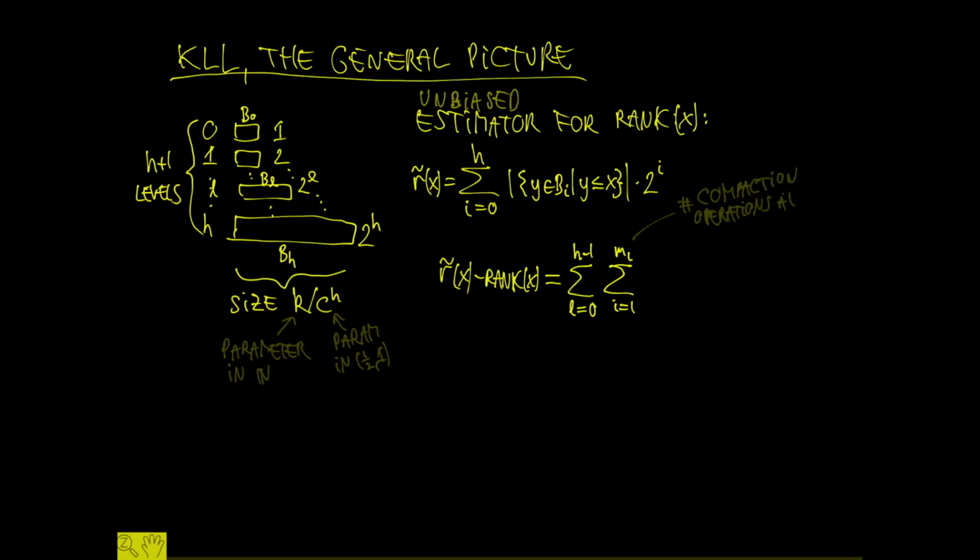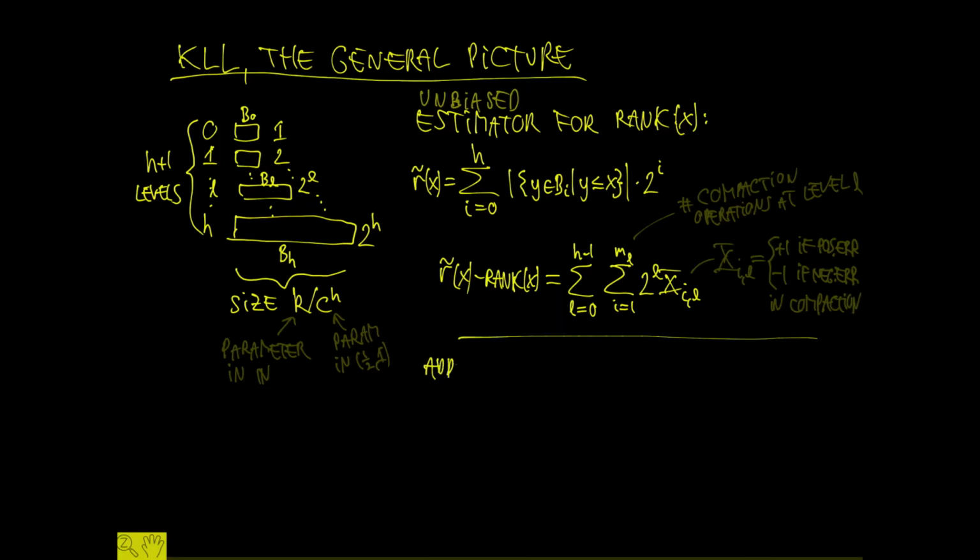Here we use ml to denote the number of compactions happening at level L, and the random variable xil to denote the sign of the error at the ith compaction at level L. This could be +1 if there's a positive error of 2 to the L, or -1 if there's a negative error of -2 to the L. So the total error is exactly this sum.